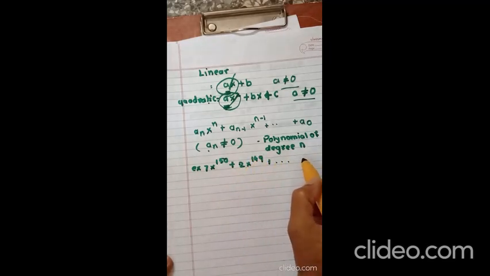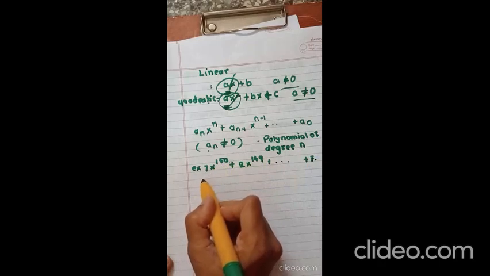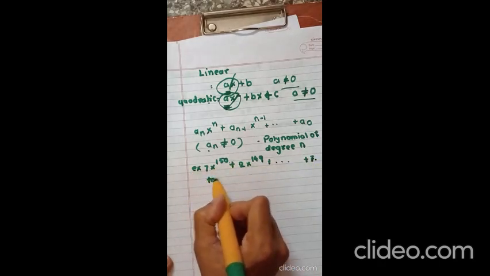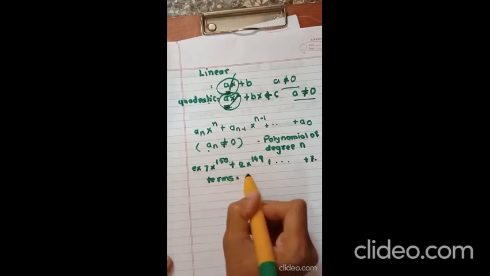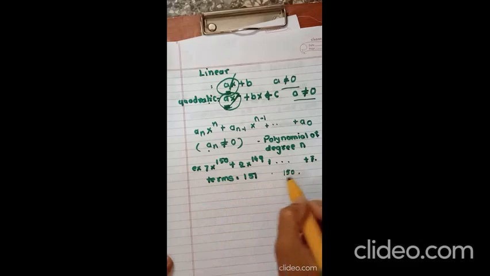So we can have finite terms in the polynomial having degree 150. So this polynomial is having 151 terms and the highest degree of the polynomial is 150. So this is the general form.